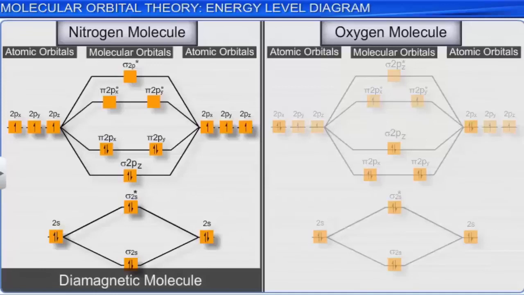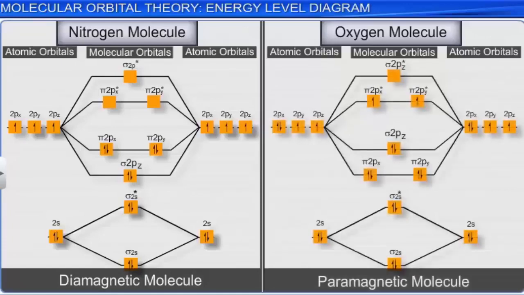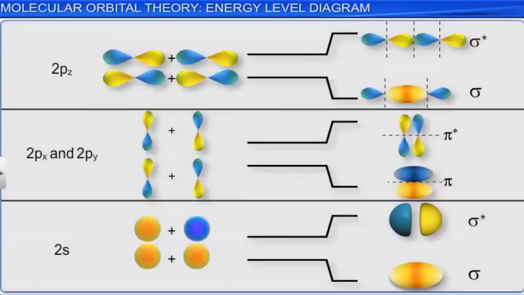And when the electrons are not paired, as in oxygen, they form a paramagnetic atom or molecule. In this way, the molecular orbital model helps us understand the structure and properties of molecules.